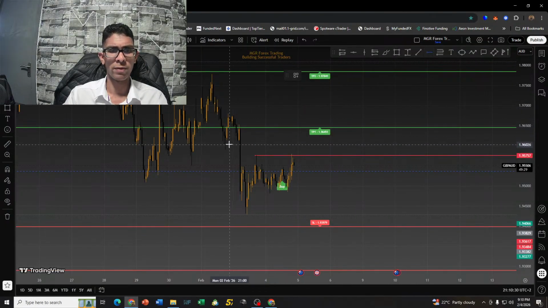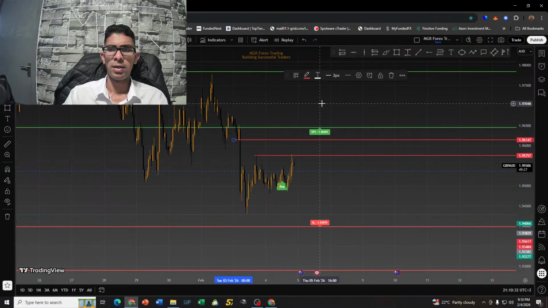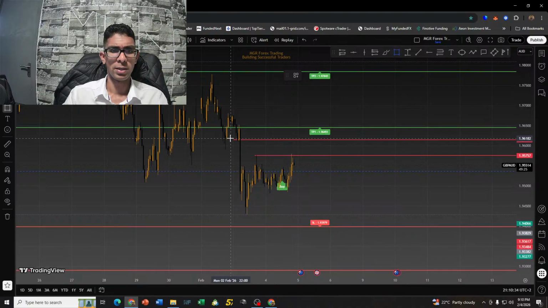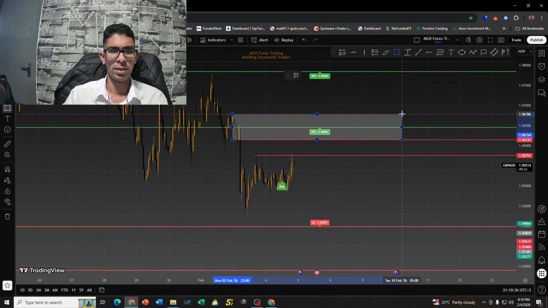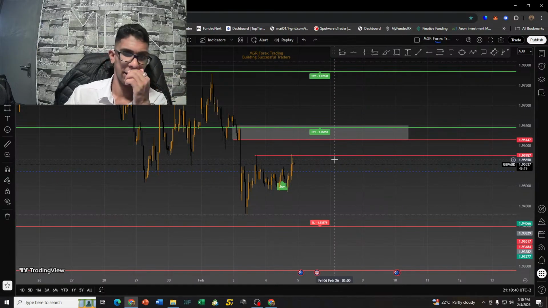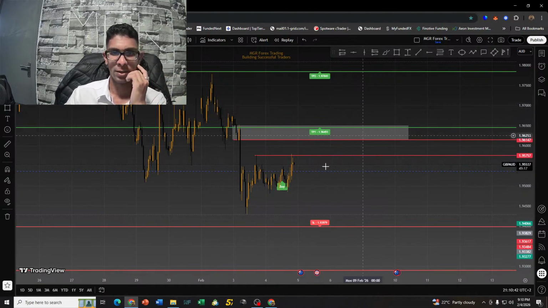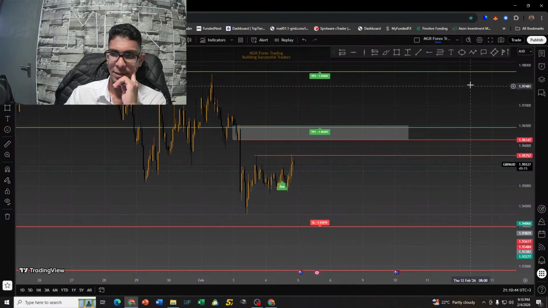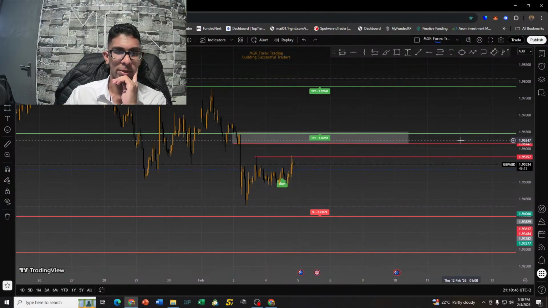Not to mention we have a level of supply sitting right above price at take profit 1. This opportunity I will not deem as a good one.